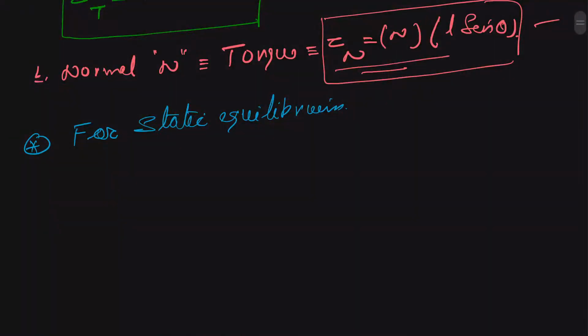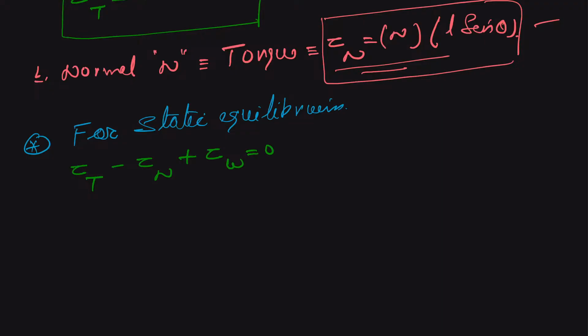So for static equilibrium we can write the equation as tau of T minus tau of n plus tau of our weight is equal to 0.